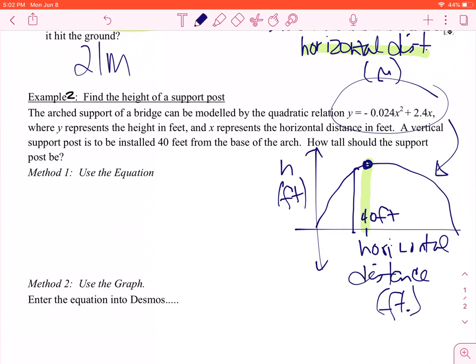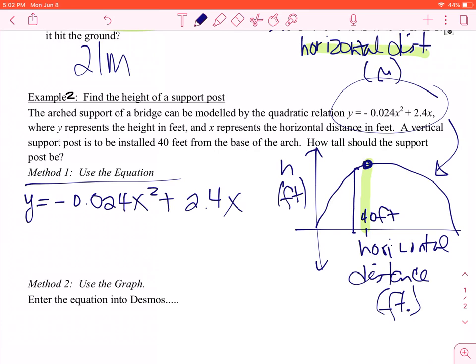The first way is using the equation: y equals negative 0.024x squared plus 2.4x. You'll notice that the 40 feet mark is along the x-axis, so I'm going to replace x with 40, and then solve.